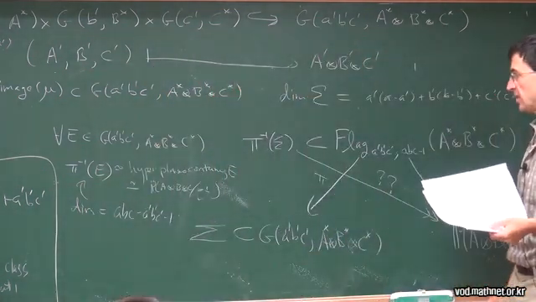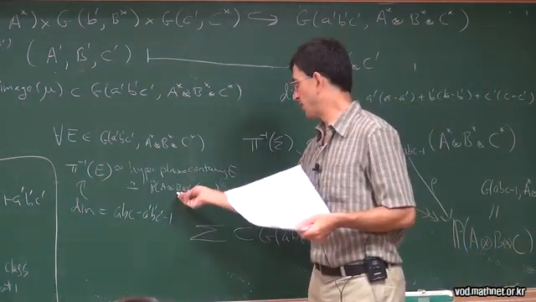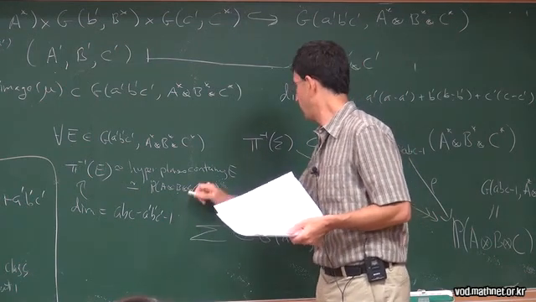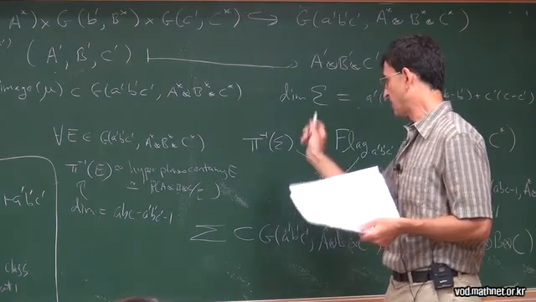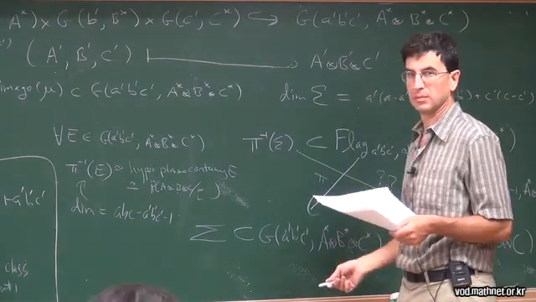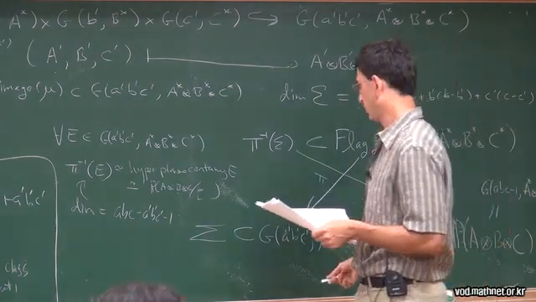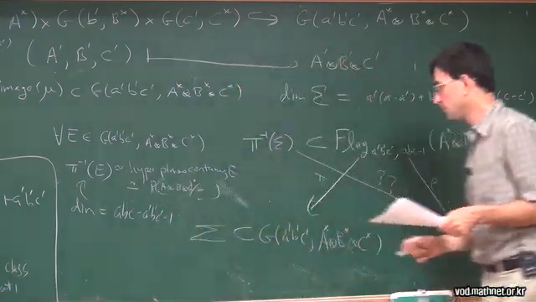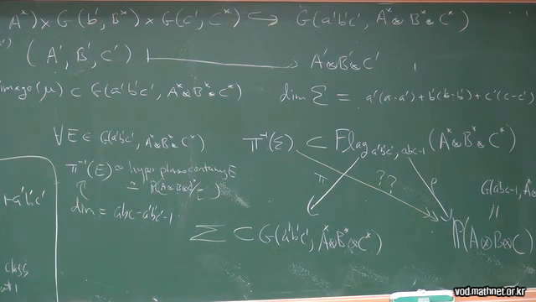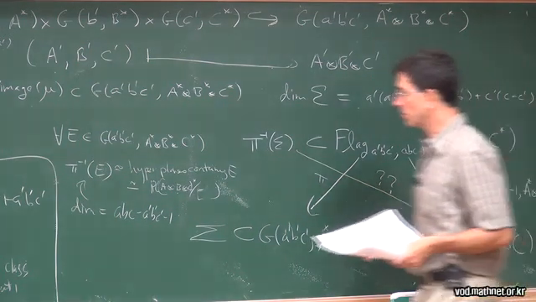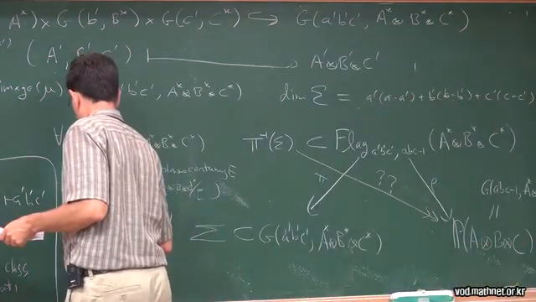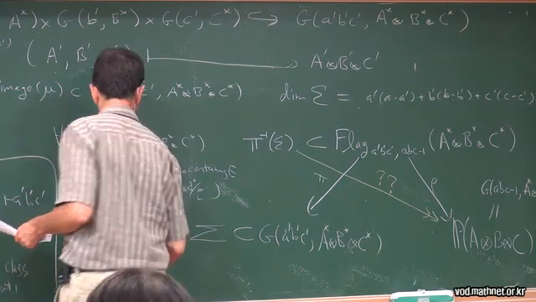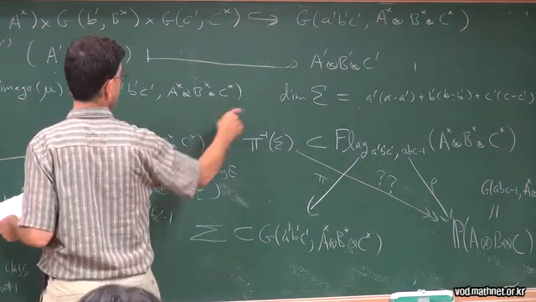It's a projective space, so this is of dimension ABC, this is of dimension A'B'C', and then I subtract 1. And so the dimension of pi inverse of sigma, since this is a fiber bundle, is this number plus that number.